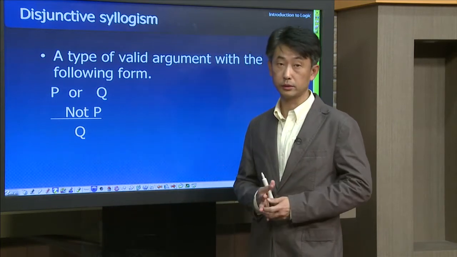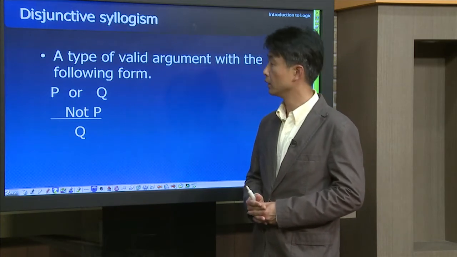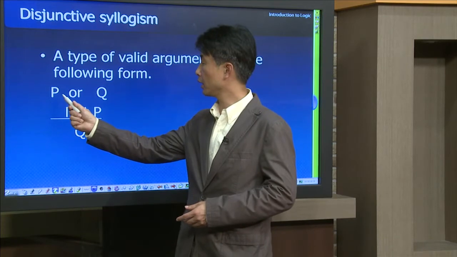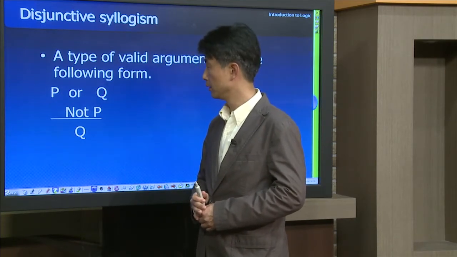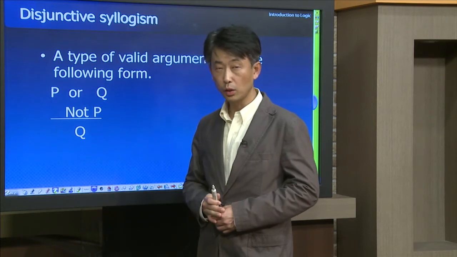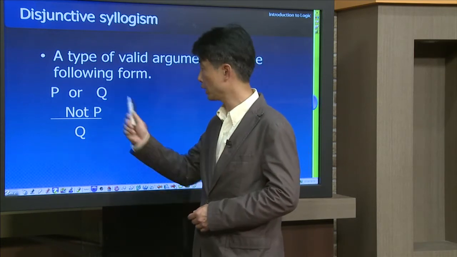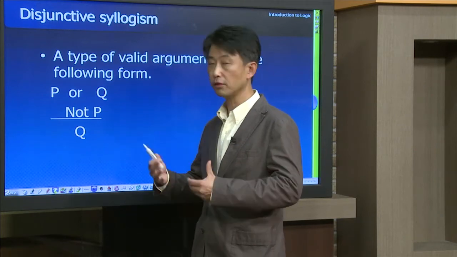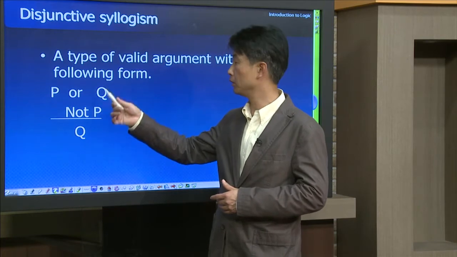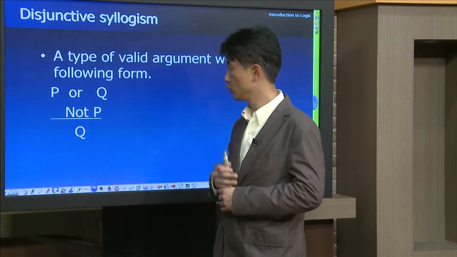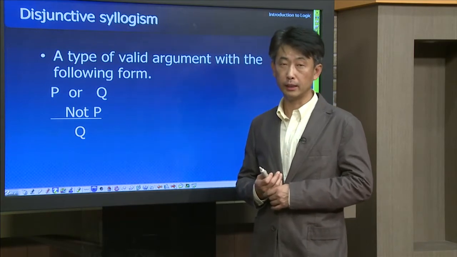Okay? It sounds obvious, and it should sound obvious to you. So either P is the case or Q is the case. And given that we know that P is not the case, then of course Q has to be the case. So it's a valid argument. The conclusion follows necessarily from these two premises. You can easily find examples in ordinary arguments.